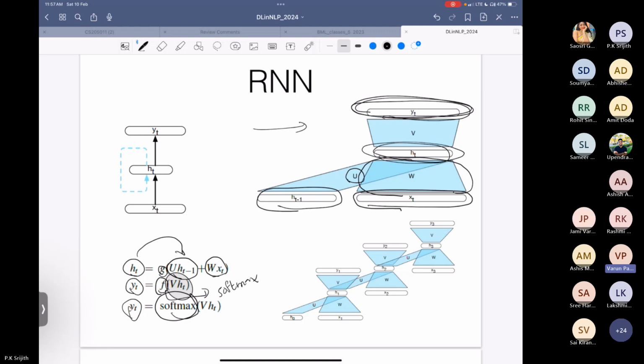Sir, why are we using the same U and W across the layers here? Because then it will be insensitive to the length of the sentence. If you are maintaining a different U and V, then it will depend upon the length of the sentence. The sentence length will keep on varying, and maintaining a different U and V for each of these positions will make it difficult to scale to arbitrary length sentences.